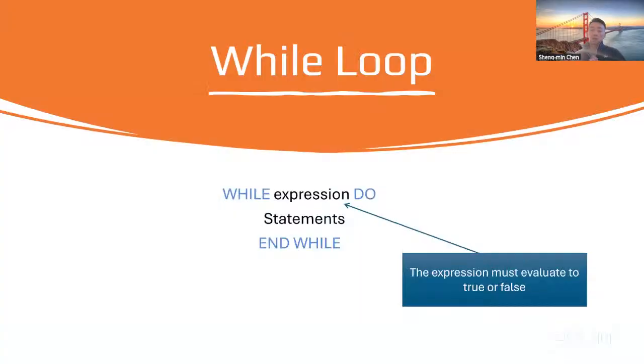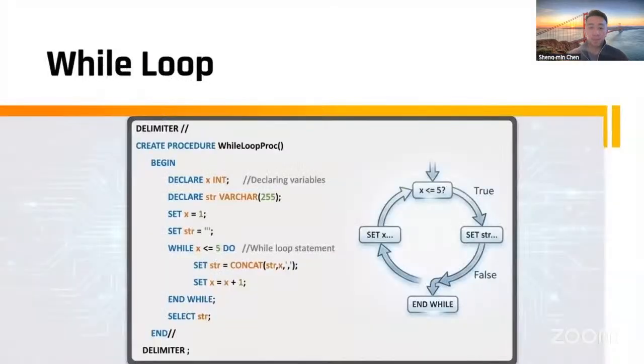Now, the syntax is as simple as while and then another expression of conditionals. Then you add a do, and then whichever statements, one to many, followed by end while. So between do and end while is where the circle is. Let's really quickly overview this together, because this is just practice.